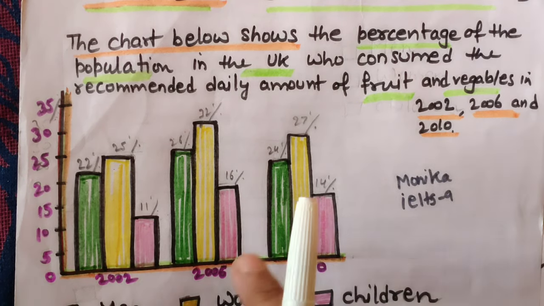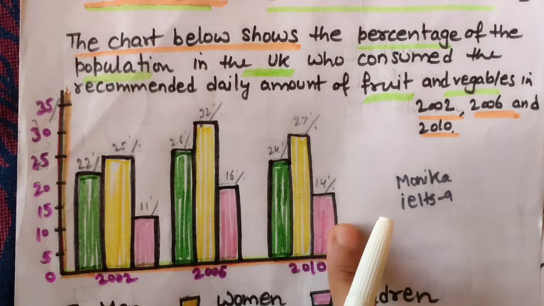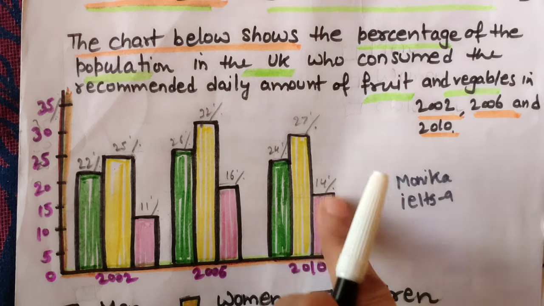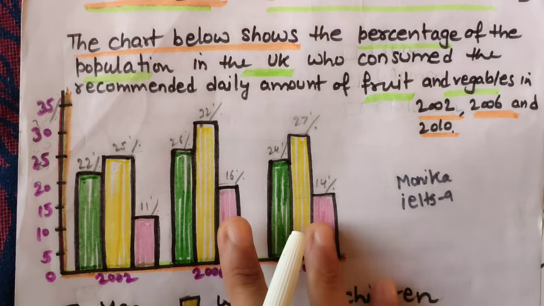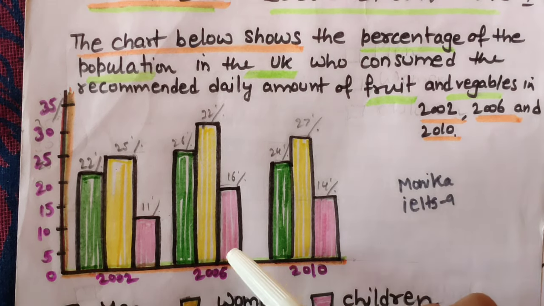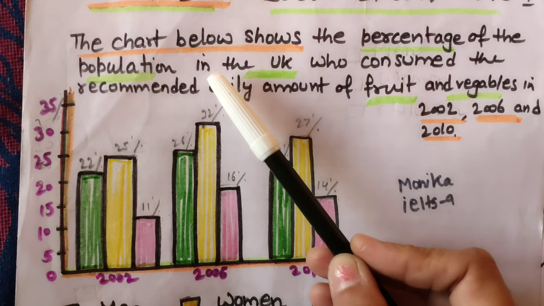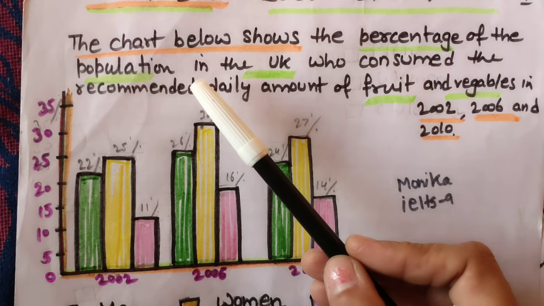So let's understand how to analyze, how to write the introduction, how to write the overall paragraph, and how to write the body detail paragraph. I will focus on all these. Before that, when you get this writing task 1, of course you need to read the question statement. Let's read.